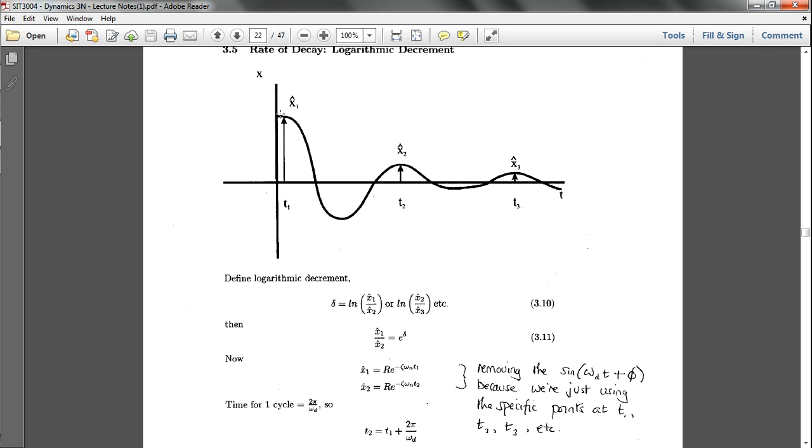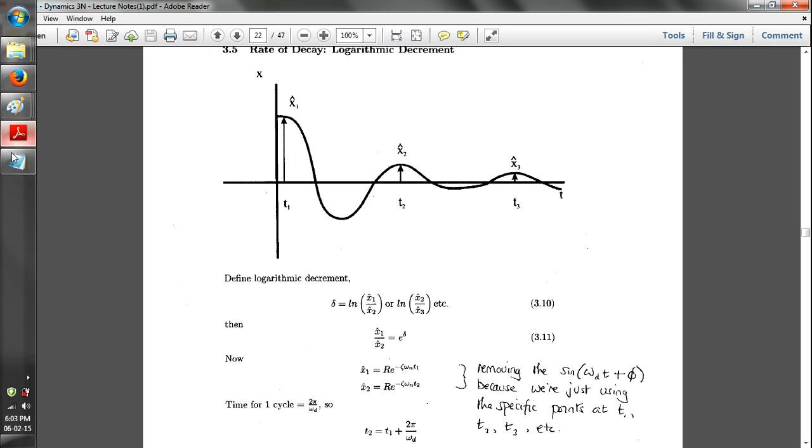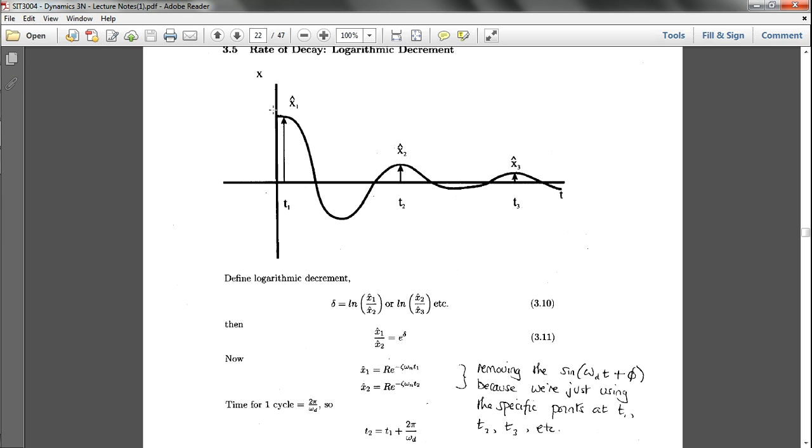In other words, it is the natural logarithm of x1 minus that of x2, because you are taking the amplitude of this point minus this point. From the logarithm rule, natural log x1 minus natural log x2 gives you division. So this is why it is this.